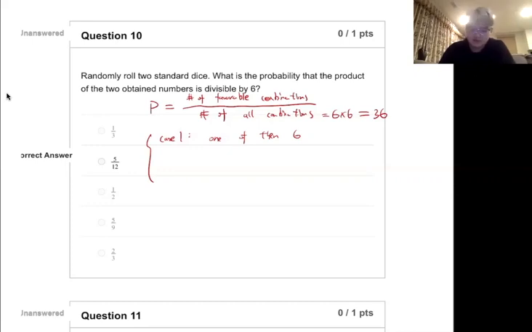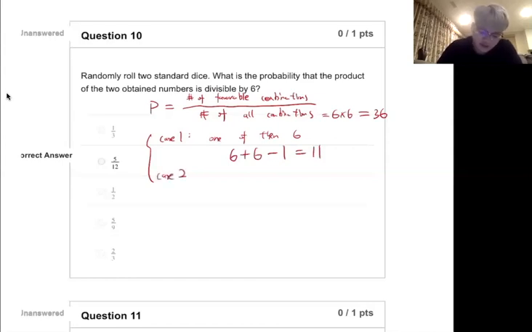So there are 6 combinations if we set the first dice to 6. And if we set the second dice to 6 as well, that will give us another 6 combinations. But notice that one combination is repeated, which is 6, 6. So we minus 1 from them, and case 1 will have 11 combinations in total.